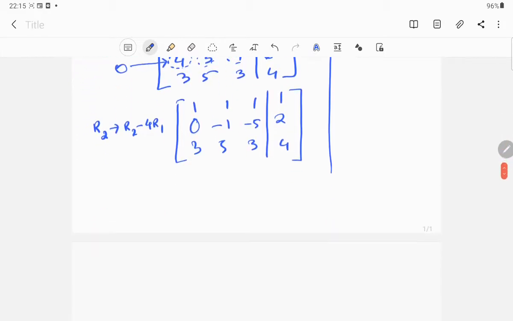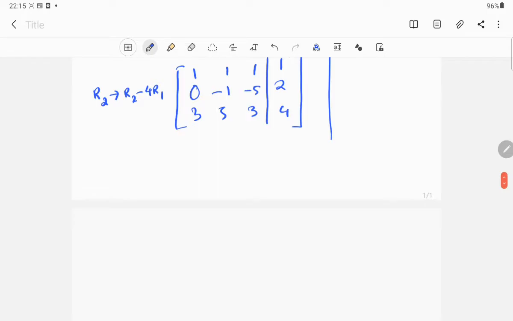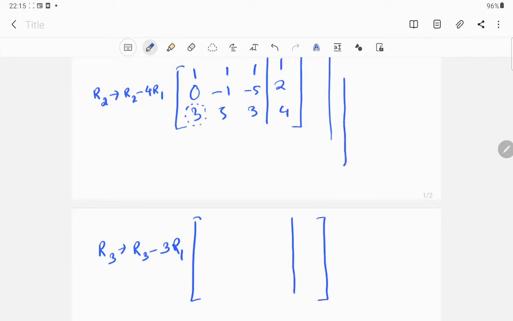Next, we want to make this one equal to 0. So I will do R3 goes to R3 minus 3 R1.